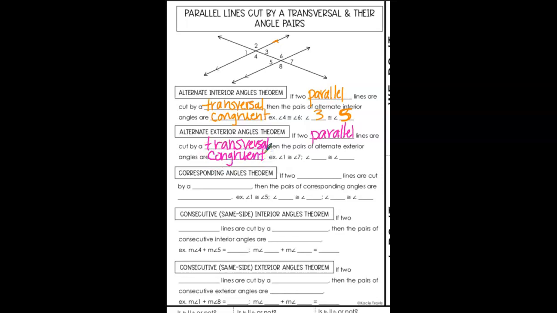So again, we're looking at the angles on the outside, and they have to be on opposite sides of our transversal. So angle 1 and angle 7 are congruent, and then angle 2 and angle 8 are congruent.